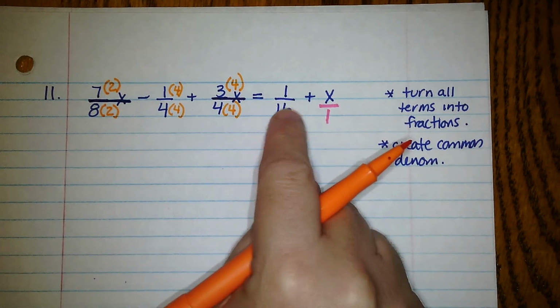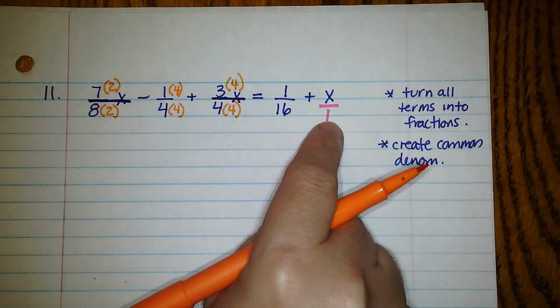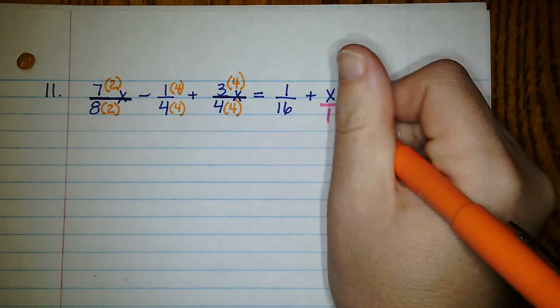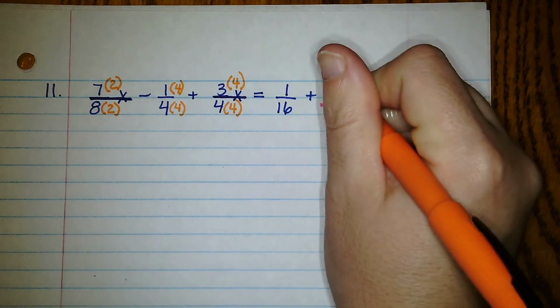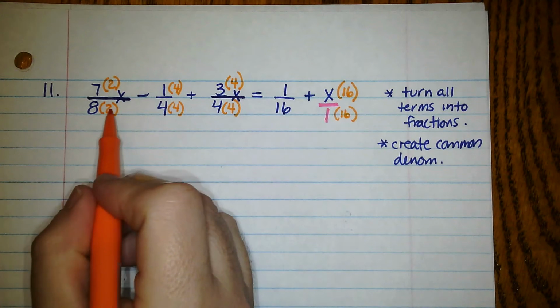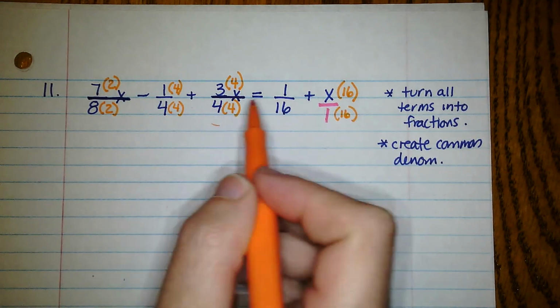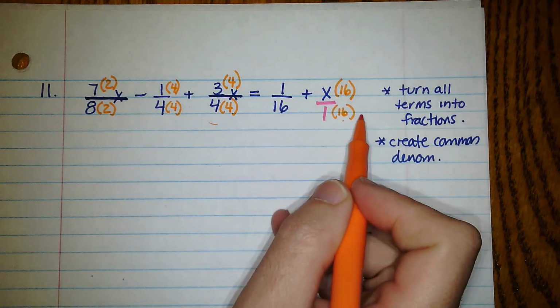I'm trying to get all 16s to happen, but this already is 16, so I don't have to do anything extra for this one. But in order to turn a 1 into a 16, I have to multiply by 16 top and bottom. So let's double check. 8 times 2 is 16, 4 times 4 is 16, 4 times 4 is 16. I have a 16 here, and 1 times 16 is 16.